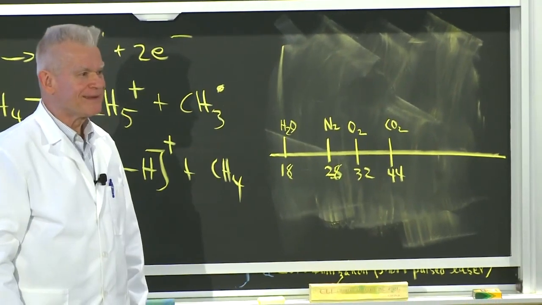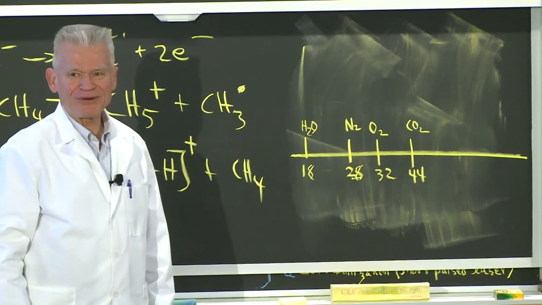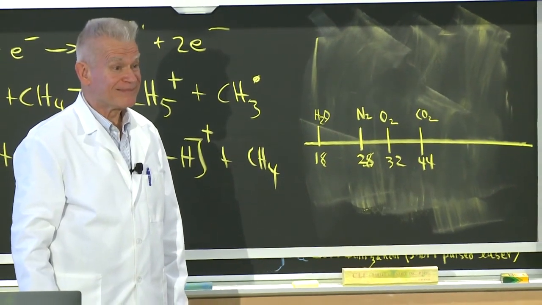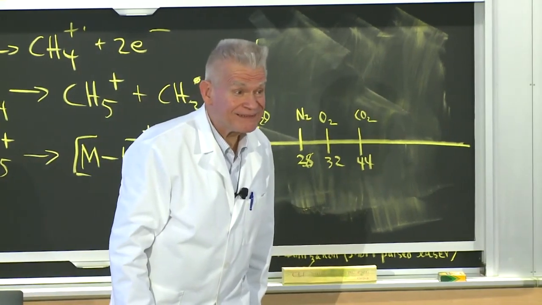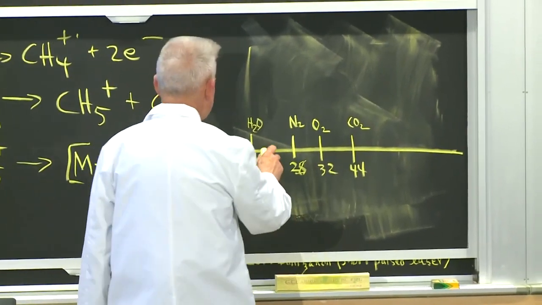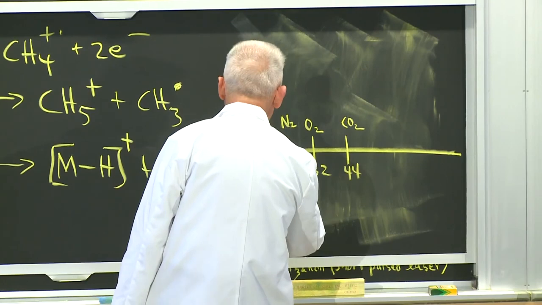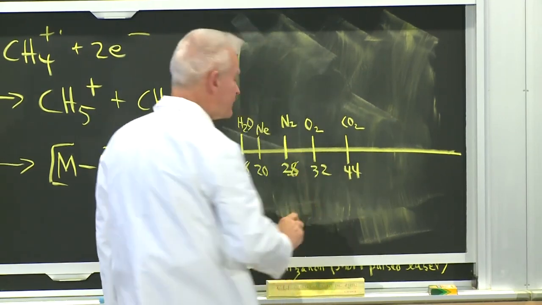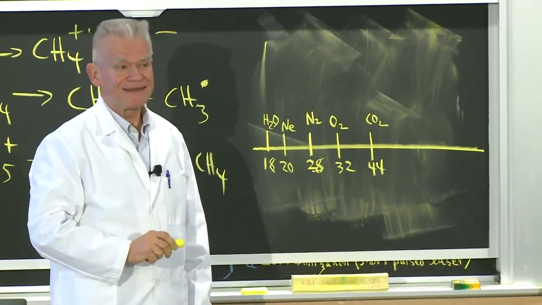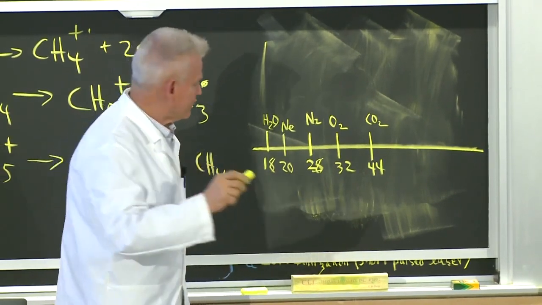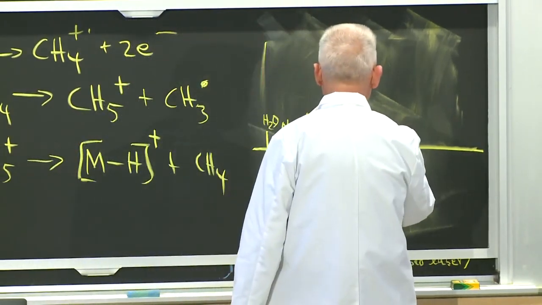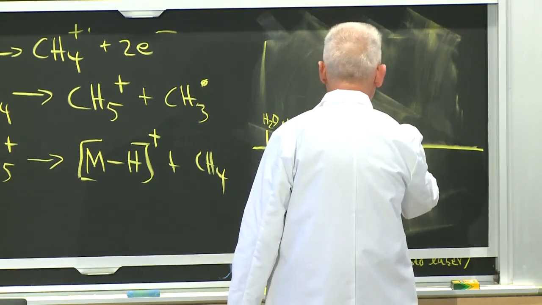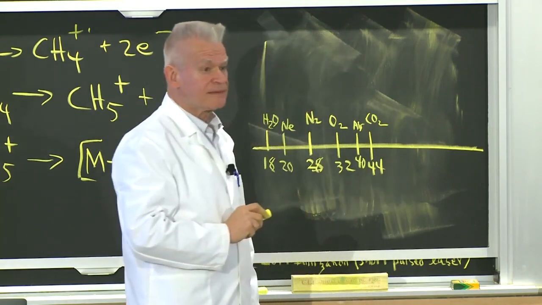What else? Some of the noble gases. They're in the air. Which one? Neon. Yeah, neon is 20. Any others? Did you see argon? Yes, argon. Argon is 40. What other gas? Yes.